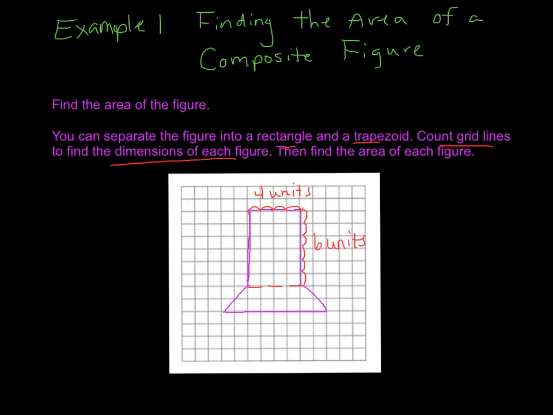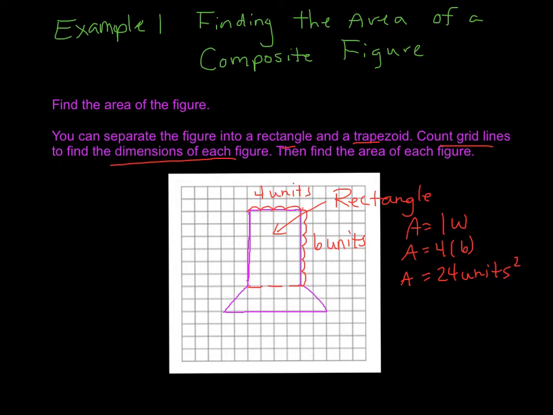So to find the area of this rectangle, I would just say my area equals length times width. So I've got 4 units times 6 units. So I have 24 units squared. That's just for my rectangle.